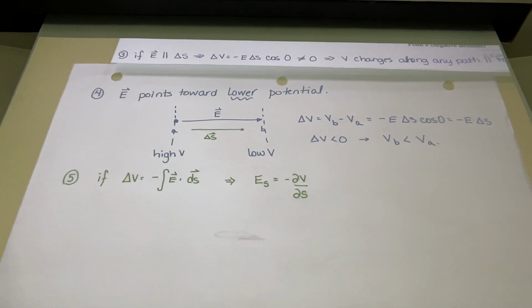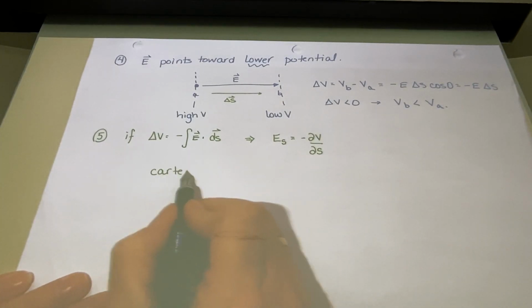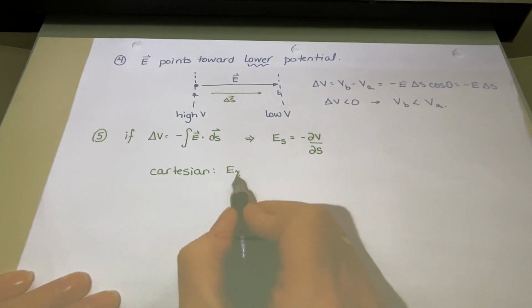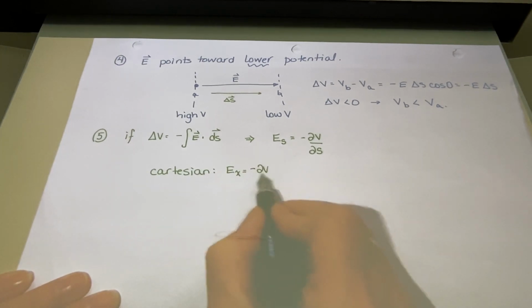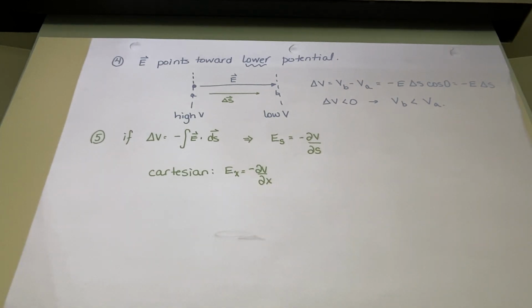Okay? So, for example, in Cartesian coordinates, and these are the ones we'll use most often, x, y, z, the x component of electric field is the derivative of the potential with respect to x. I am writing down the partial derivatives here. This is just like what we did in our wave stuff.